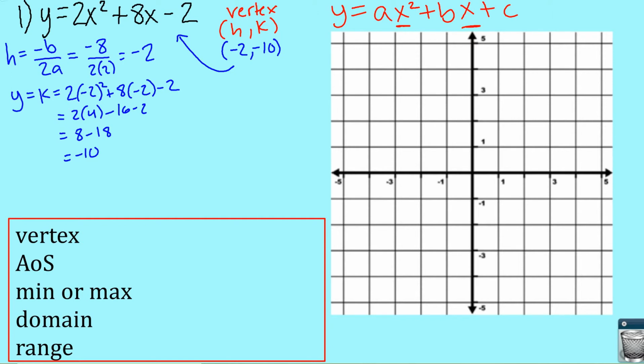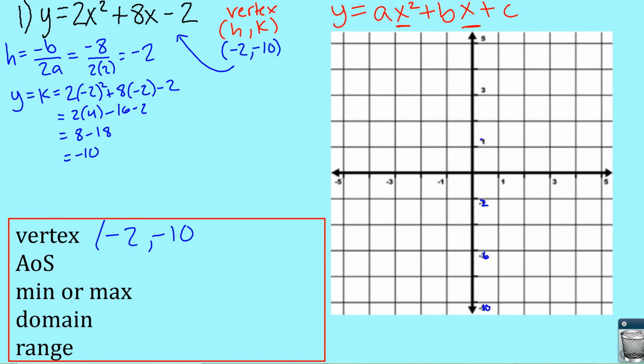Okay? So here, our vertex, we can go ahead and put that answer in. And now my scale is way off, so I'm going to rescale this and do these by 2s. That's going to be 2, 4, negative 6, 8, 10.